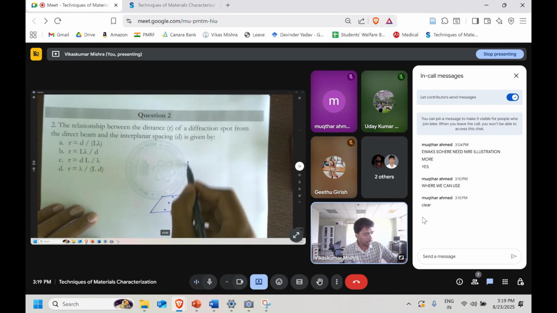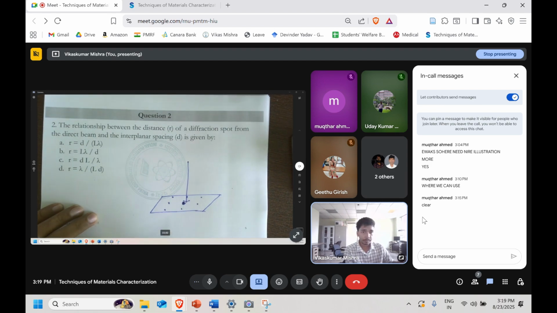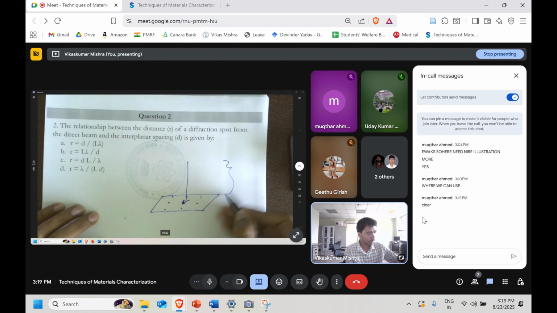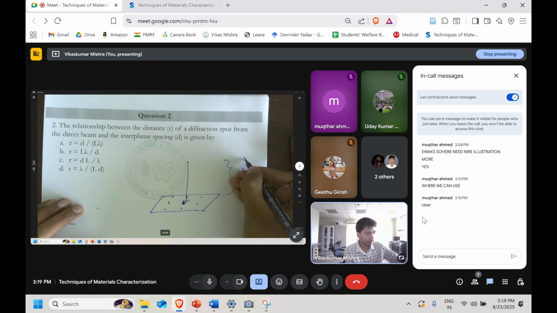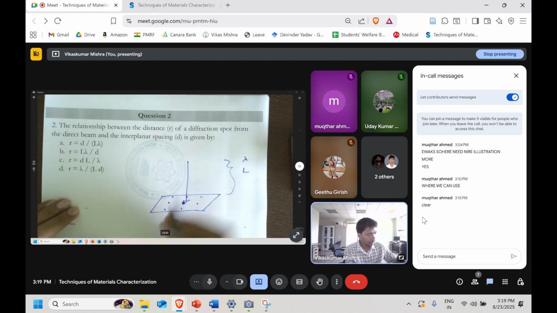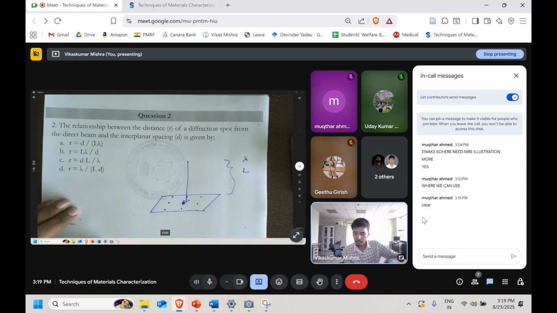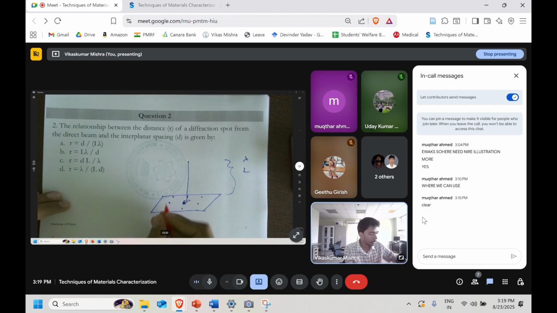Now, let's say the beam is coming like this, having the length L. The wavelength of the beam is lambda. Right now we are concerned about this particular spot, and let's say the distance between them is r.